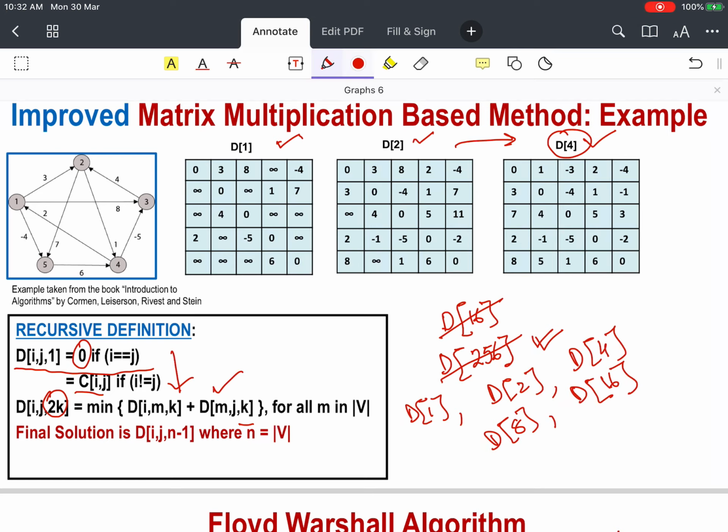Every time we get k, we multiply by 2, and therefore in log v steps we will reach n vertices: 1, 2, 4, 8, 16, 32, and so on. So this is a small correction that I wanted to make.